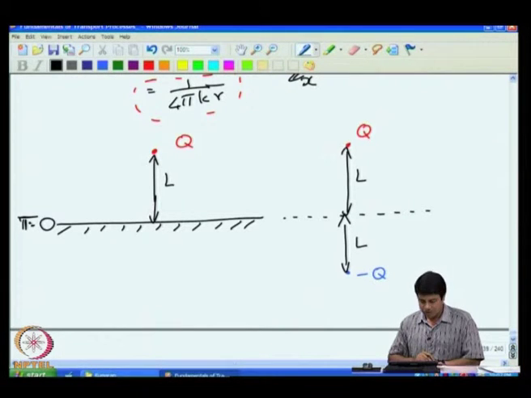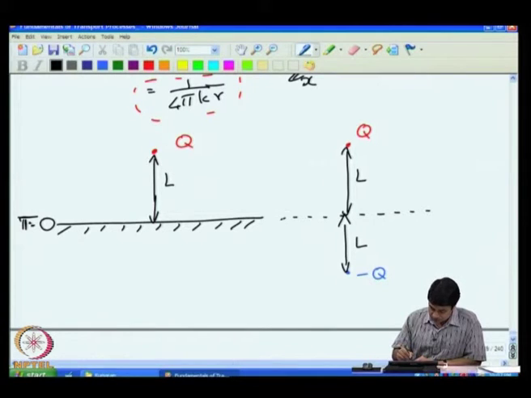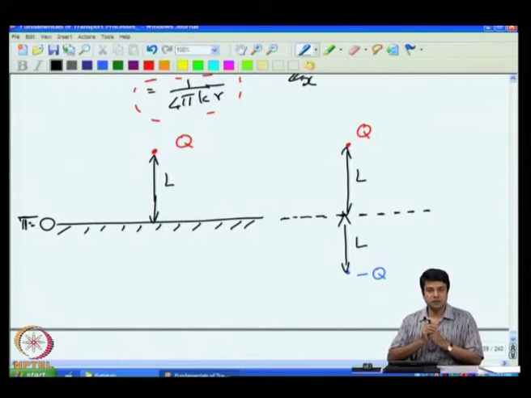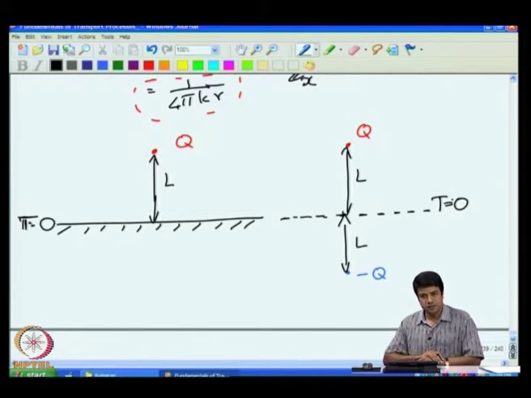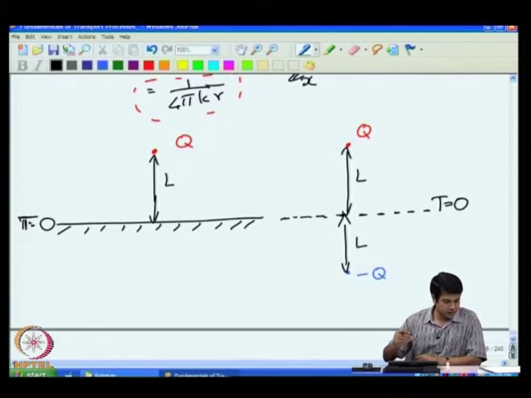In this case, you can see that this plane that I had drawn midway between the source and sink is a plane of symmetry. There is heating from the top, there is cooling below. And simply because of symmetry, the temperature has to be equal to 0 on this surface, because there is heating on top, there is cooling below, and because of that, exactly at the center between the two, the temperature has to be exactly equal to 0.